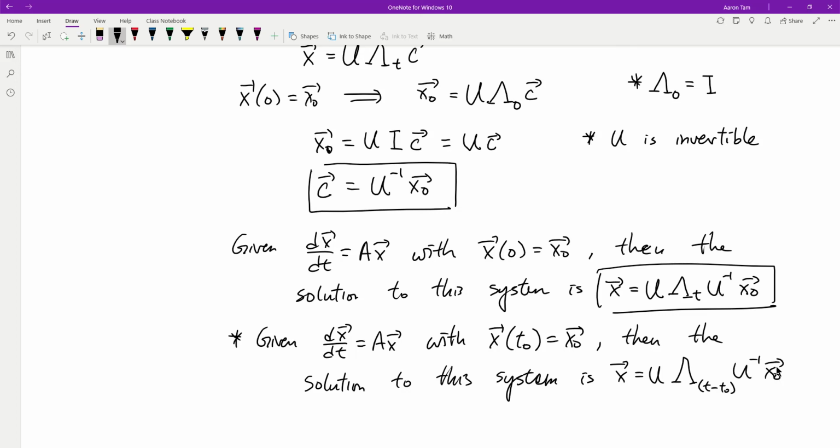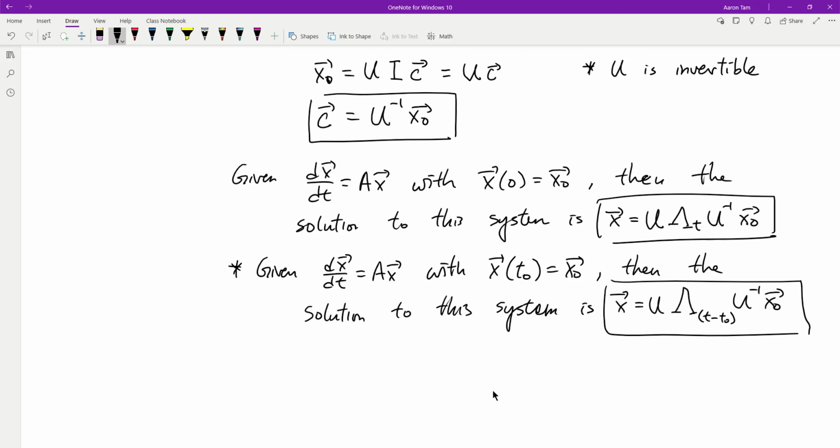All I have to do is translate the t to t minus t sub 0, then everything is okay. So these are the two formulas that you can memorize and then use to solve a system of differential equations using the eigenvalues and eigenvectors.